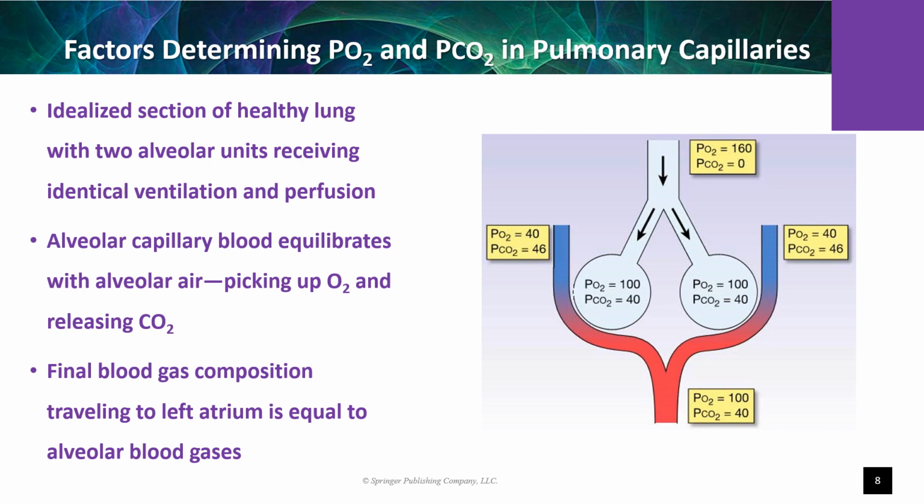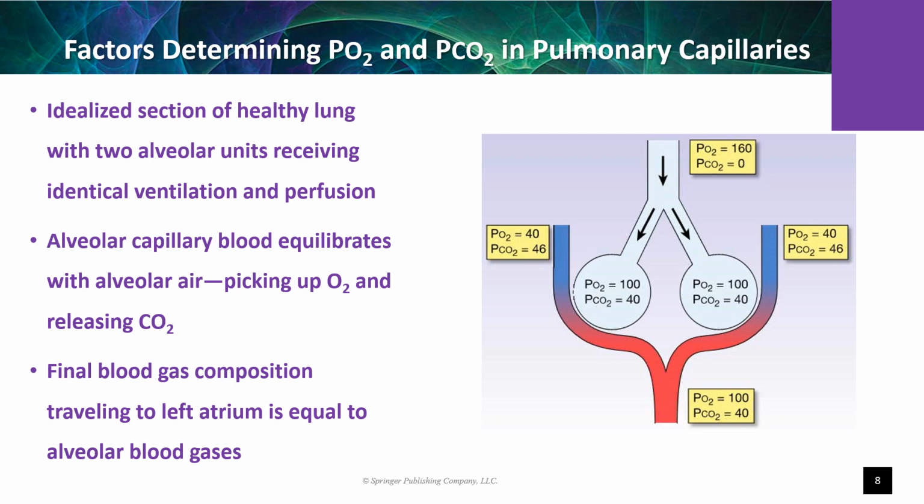Alveolar gas exchange results in the average blood gas composition shown, leaving the alveolar region to join the pulmonary veins, with the oxygen saturation at 100 and the carbon dioxide at 40.